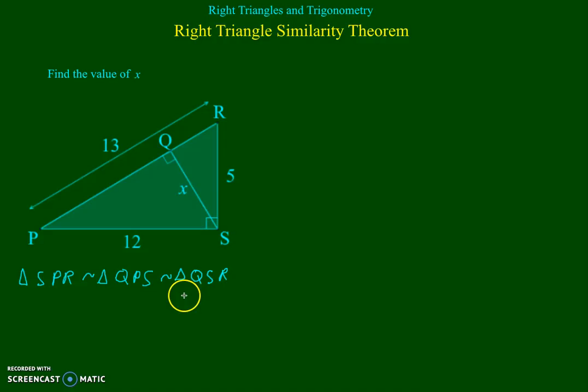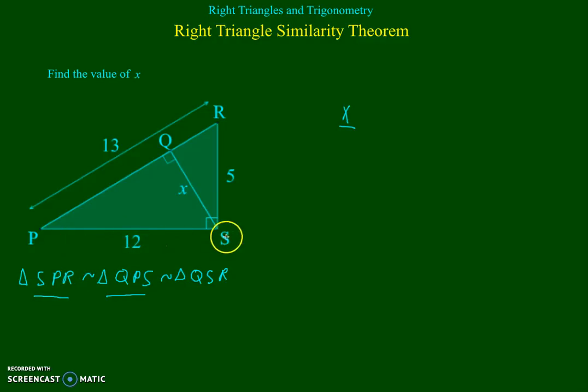Now I need two triangles. And again, we know everything about the big one. So we're going to go ahead and use the big one. And this time, let's go ahead and use the middle one, because we know this side and that side. And so let's see how this works. We have X. X is QS. And QS in the middle one is the first and third vertices, which corresponds to SR in the big one.